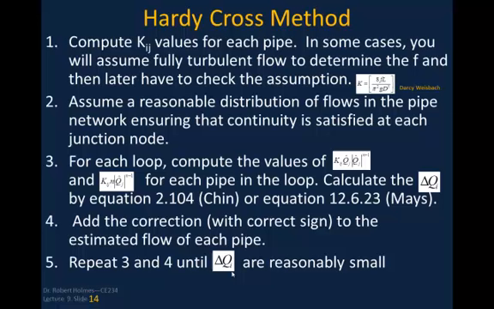What that means by reasonably small: if I report my values to 3 significant figures, and for cubic feet per second I'm reporting to 0.01 CFS, so I would report things like 2.01 cubic feet per second, that means my delta Q needs to be equal to or less than 0.01. Because that's where my last significant digit is, I don't need to go out to the thousandths, so I don't need to go out to 0.005. As long as I get it to 0.01 or less, I'm done.